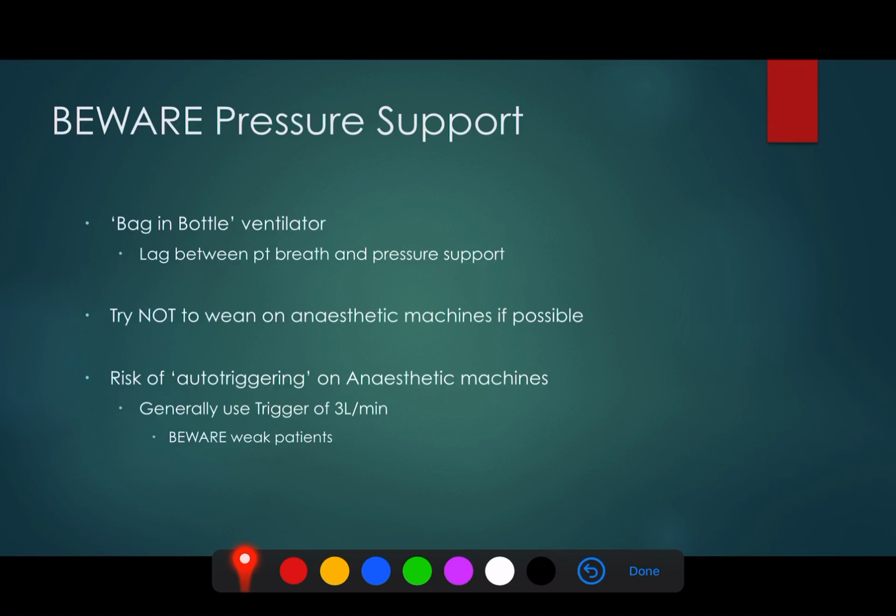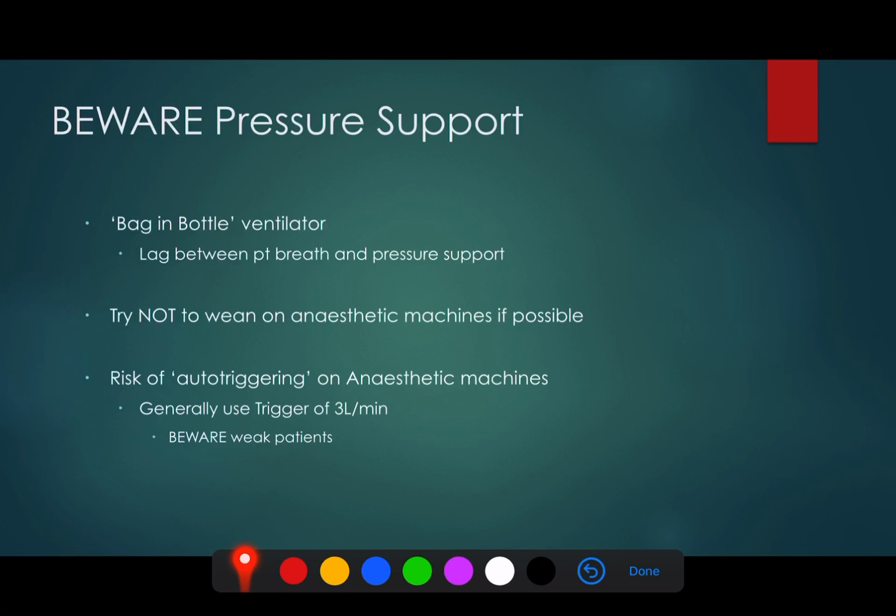So to try and reduce the chances of auto-triggering, you want to try and decrease the sensitivity with which the ventilator says, oh, this patient's taking a breath. And what I generally suggest is using a trigger of 3 litres per minute to suggest to the ventilator that the patient is taking a breath in.